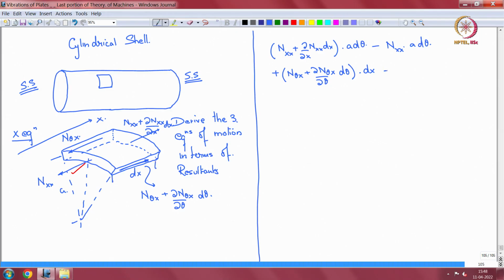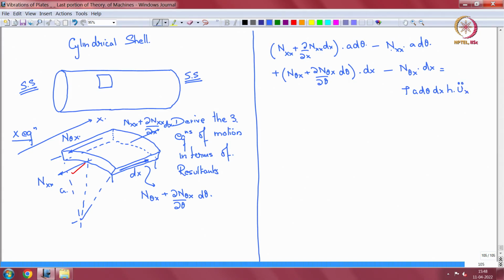Then minus n theta x into dx, that is equal to density into a d theta into dx, that is area, into thickness of the shell, so this is volume, then ux double dot.